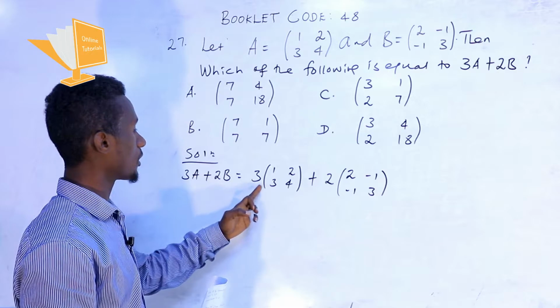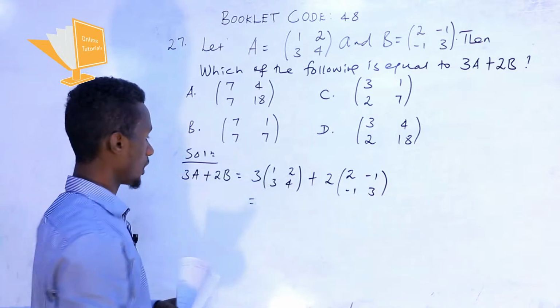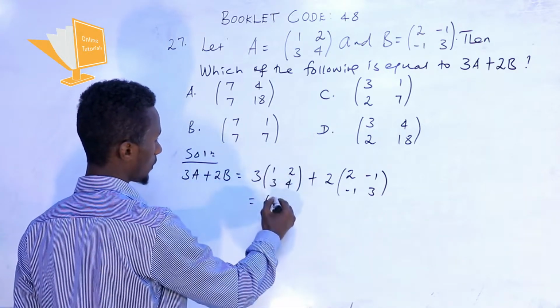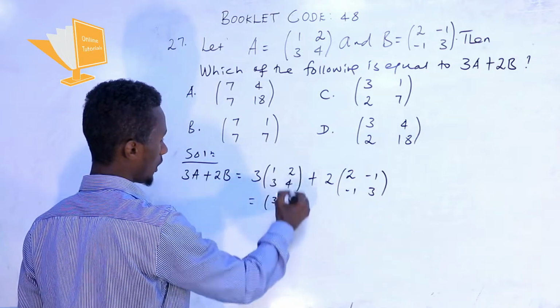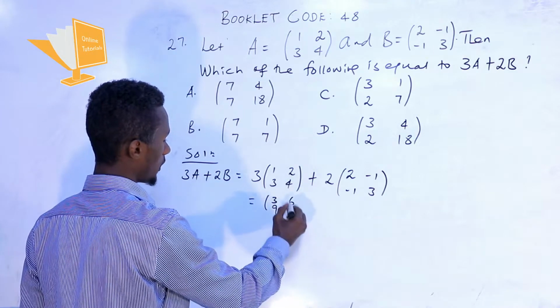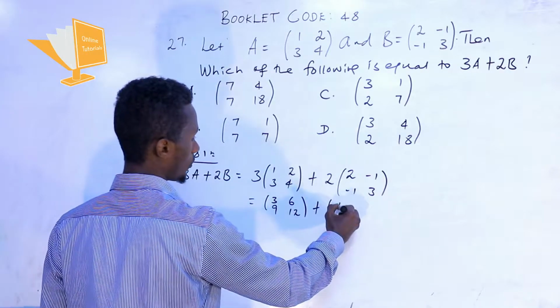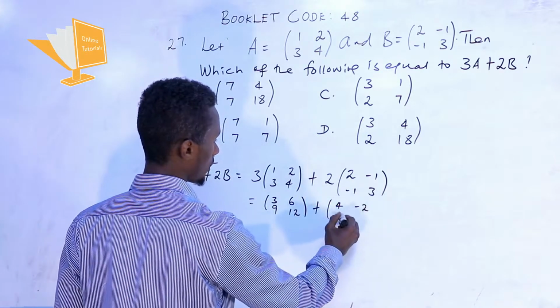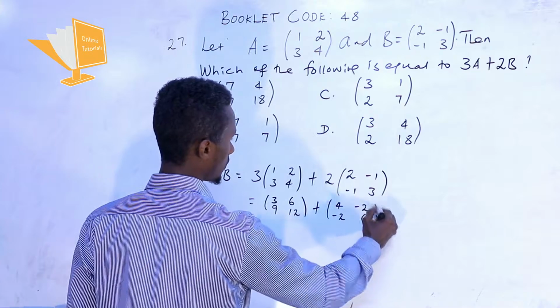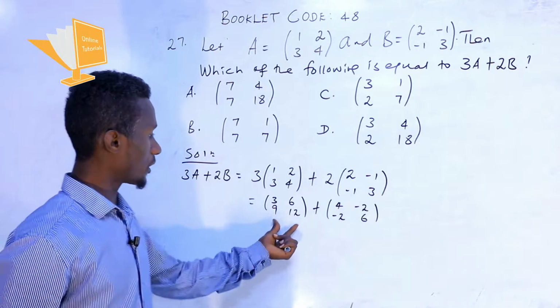So when you operate this scalar multiplication, we must multiply this constant with each entry, ያንዳንዱ ኢንትሪ ያባዛል. ሲያባዛ ይሄኛው ምን ይሆናል? 3, ይሄኛው 6 ይሆናል, 9, then we have 12, plus the same, 4, minus 2, እና እዚህ ጋር 6 ይሆናል ማለት. አሁን we have the two matrices.